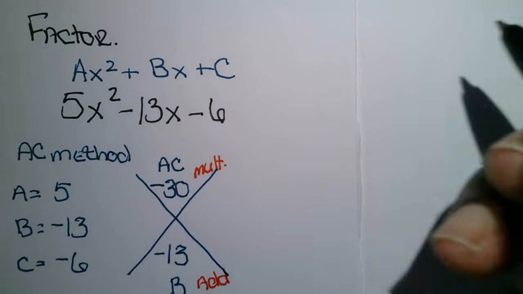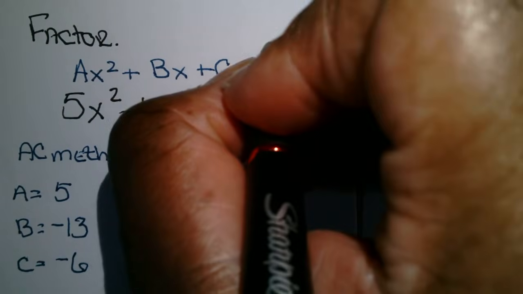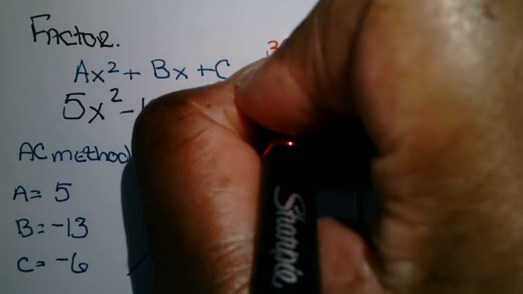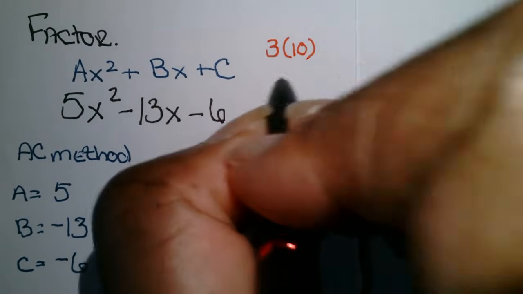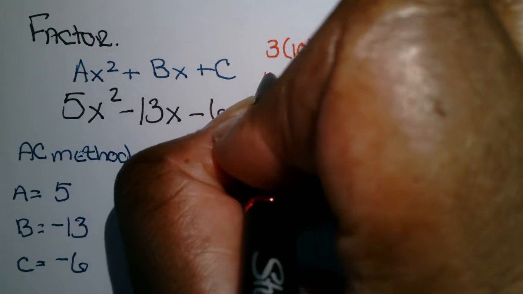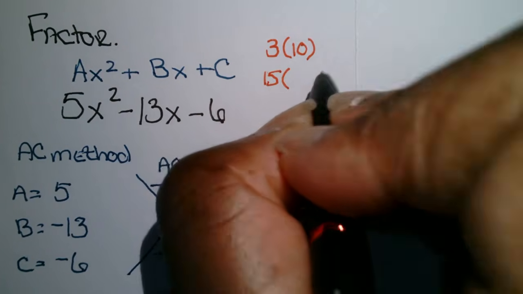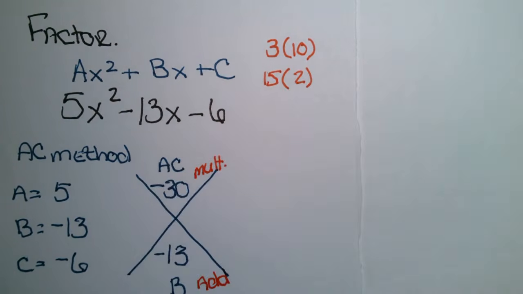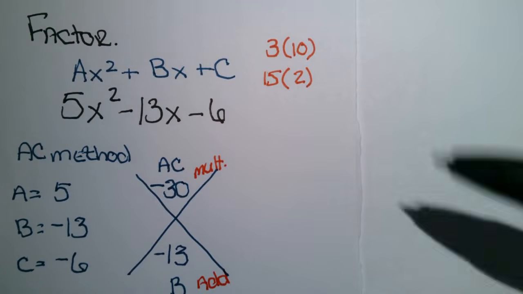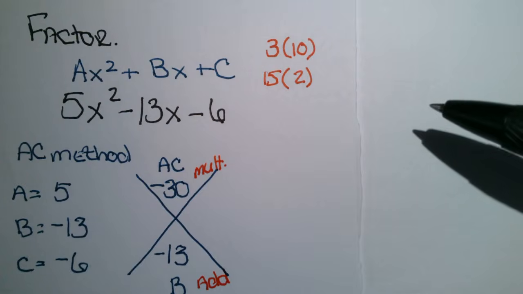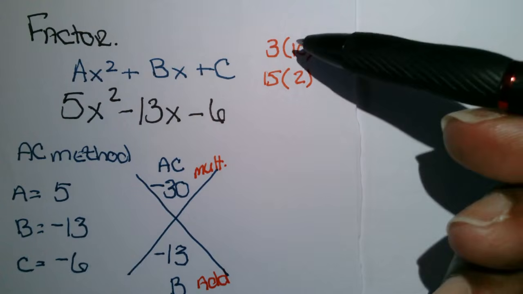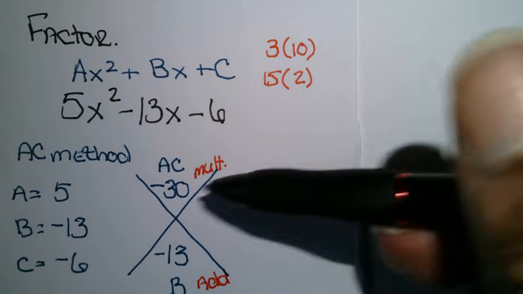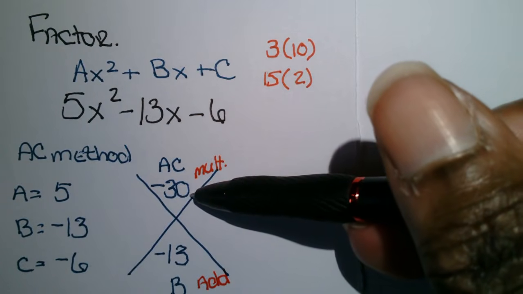Some people are telling me 3 and 10. Some people are telling me 15 and 2. This is when the negatives are going to kick in. If I said 3 and 10, that does give me 30, but I need a negative 30.